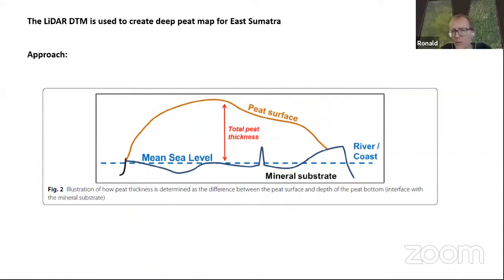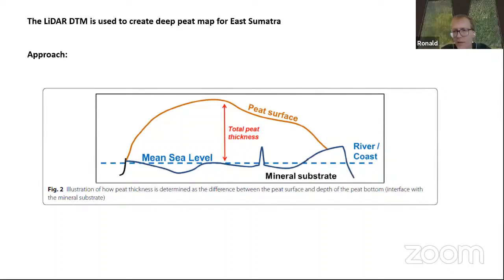Now we are going to the second paper on deep peat mapping. We use an approach where we need an accurate peat surface elevation model, and using peat thickness measurements to determine the position of the peat bottom, so where the peat lies on the mineral subsurface.